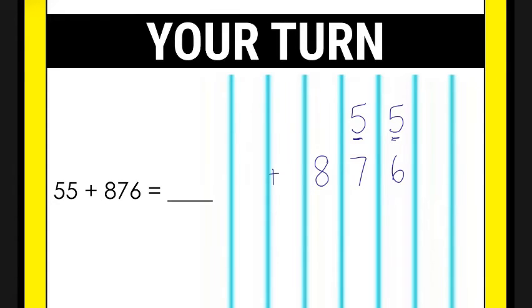876. Let's add our plus sign and our equal sign. Our equal sign when we're writing our problems vertically is just that straight line. Now we have our problem set up, and let's go ahead and solve it. We're going to solve first the ones. 5 plus 6. Go ahead and write your answer down.